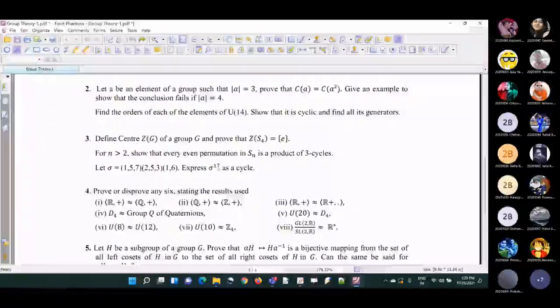So sigma to the power 17 is equal to sigma to the power 3 times 6, that is sigma to the power 18, times sigma to the power minus 1. So using the index rule, sigma to the power 18 minus 1 is 17. Okay, so sigma to the power 18 is going to be the identity, and times sigma to the power minus 1 is going to be the answer of this. So that we will see.